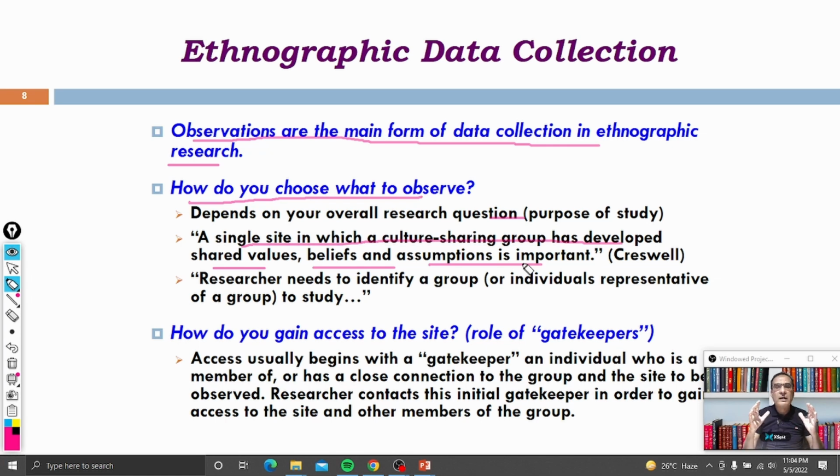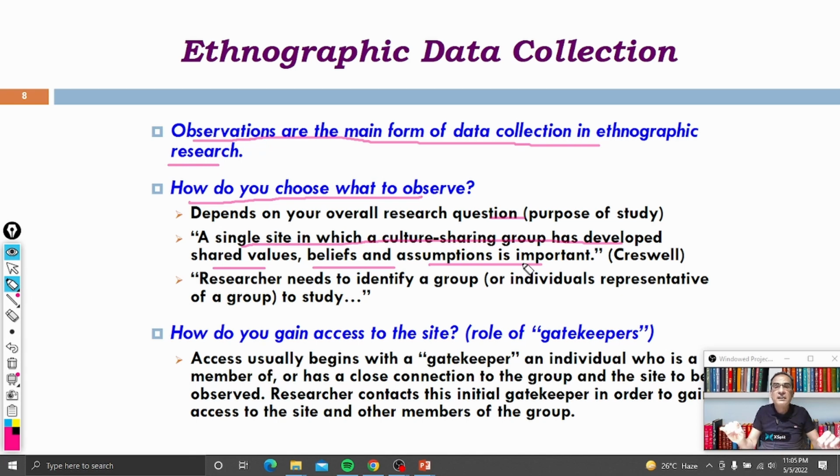For example, in a school, you go in to collect data from the students. Your site is the school, and your participants are students. You will also observe the activity of students, the teaching method, and the shared values and observations of these people.